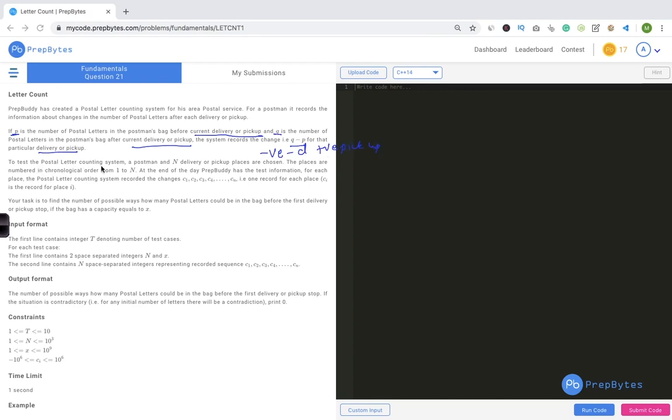To test the postal letter counting system, a postman and delivery or pickup places are chosen. The places are numbered in chronological order from 1 to n. At the end of the day, PrepBuddy has the test information for the places. The postal letter counting system recorded the changes C1, C2, C3, C4, up to Cn, one record for each place.